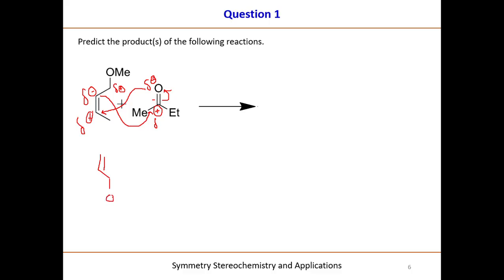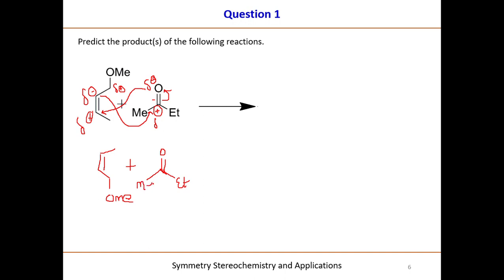I will reverse this group instead of that one. OMe and here methyl. Then plus we have to keep this group as it is. Here double bond O and Me.